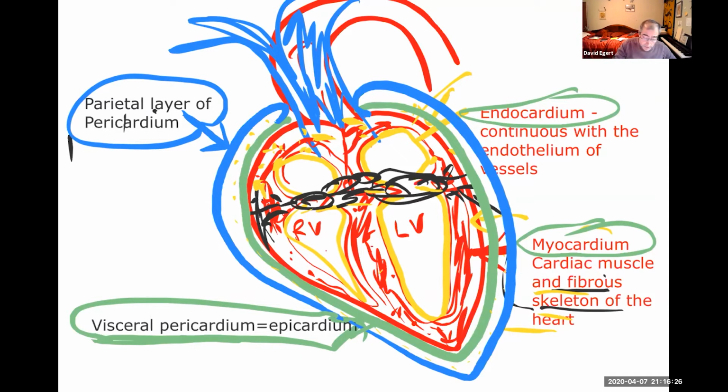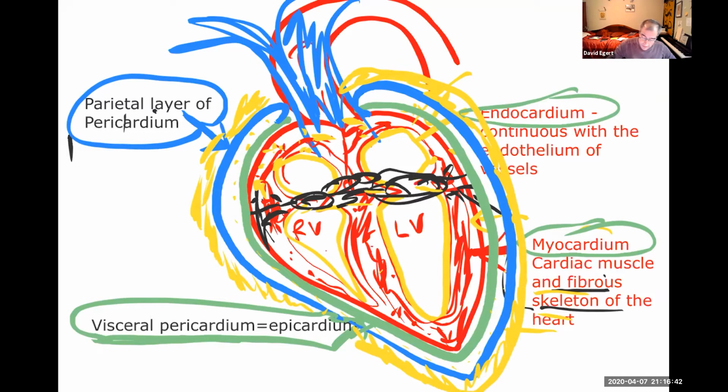So the parietal layer has this fibrous pericardium that is like that.